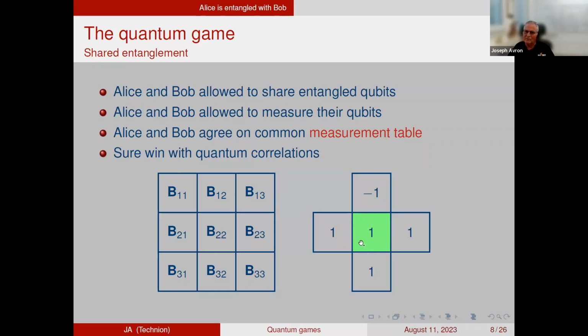And in addition, for the common square, Alice and Bob will both measure the same observable, so they will get the same result. So this is the miracle that is going to happen in quantum mechanics, and this will be independent of which row and which column Alice and Bob are given. And in the following slides, I shall describe how this miracle occurs.